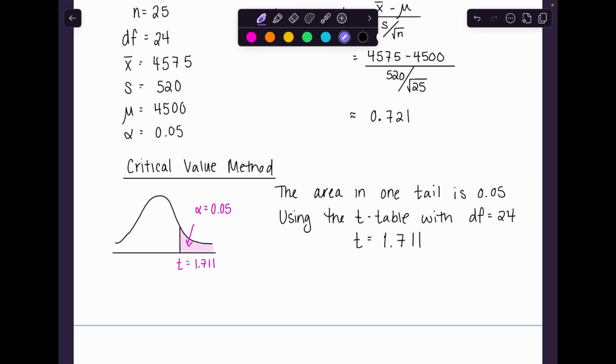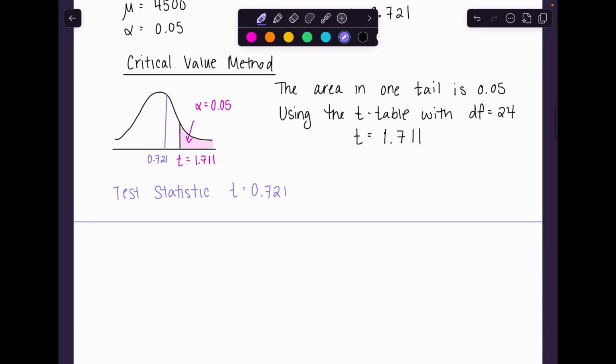But our test statistic is 0.721. And if I were to plot that, that's somewhere over here. Okay. So it does not fall into the rejection region.